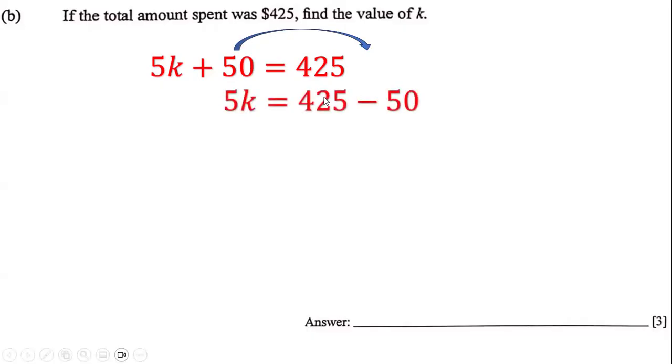So we still have the 425, but it's gonna be minus 50. The reason we're doing this is because we want to isolate the K. We want K on one side and everything else on the other side. So the first step is take the 50, send it over the equal sign. The positive 50 becomes a negative 50.